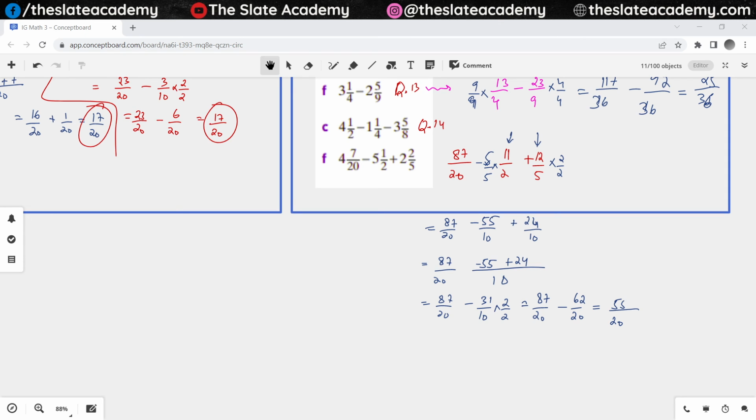By the way, 87 minus 62 would be 25, not 55. Oh, okay. 25 by 20. So this would give me 5 by 4 or 1 whole 1 by 4.